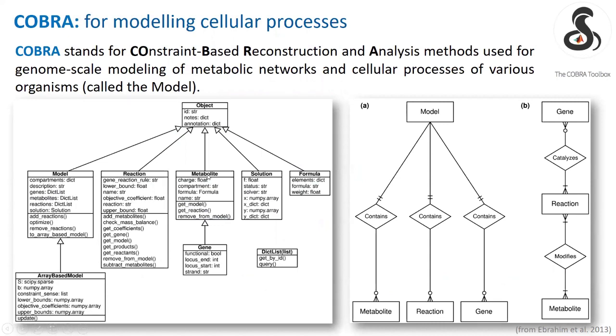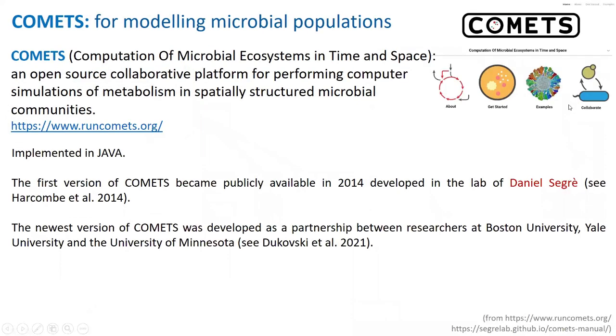Then you set up the reactions and metabolites that happen in this simulation, the genes that control these, and then you set up the solution. This is the environment, right? The genes determine what reactions are catalyzed, and these catalytic modifications modify the metabolites in the environment. That's how the model looks.